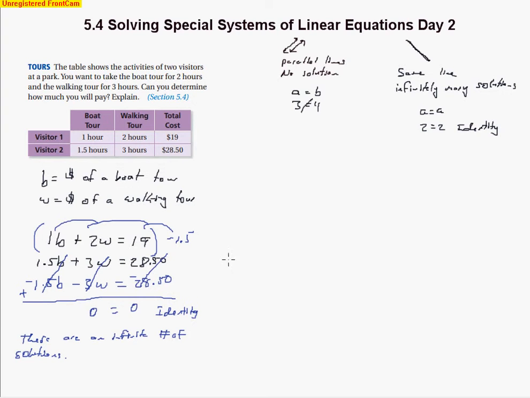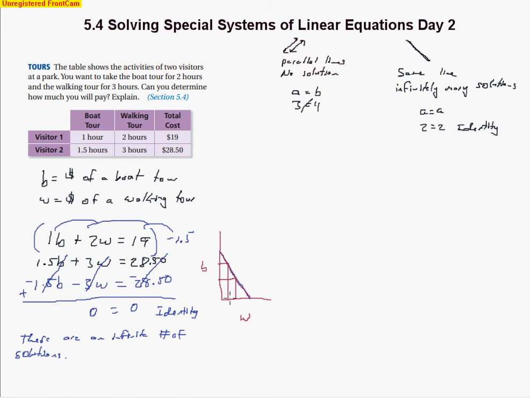And so if I went ahead and graphed it, let's say it's a line that ends up looking like this, that tells me that the other line is going to be right on top of that line. And if I set up a coordinate plane here like this, and let's say this is my walking and this is my boating, that means that at this point right here is a solution, so this number of walking and this number of boating for the cost, but this would also be a solution over here.